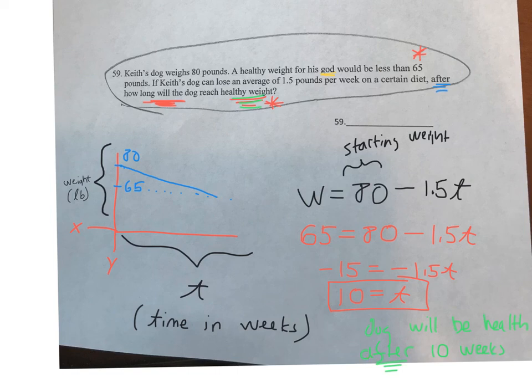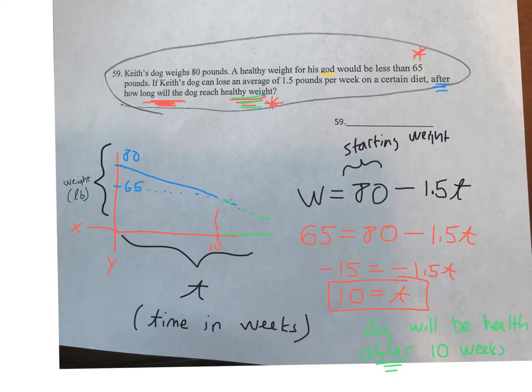Because that's essentially what we discovered here, is that this moment where it hits 65 is 10, and then it dips below into healthy weight territory after 10. This is the healthy zone right here. So it's possible that my student totally gets it, and I do not need to get into this much detail, but that's how you do that one.